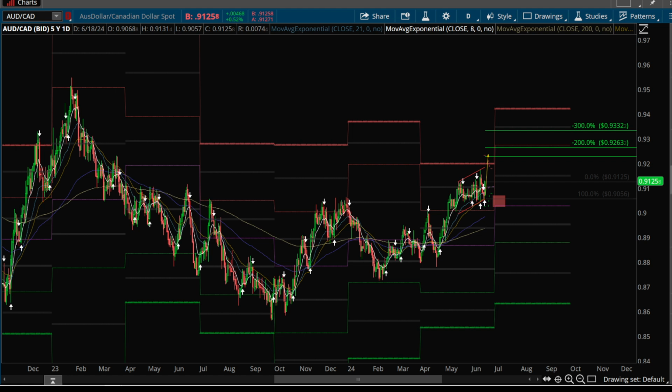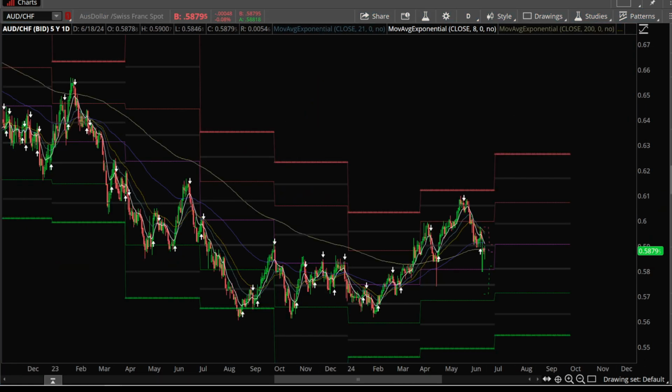Daily chart, Aussie Swiss. I do like some of these Swiss pairs for bounces here.